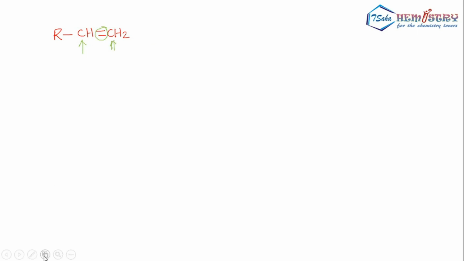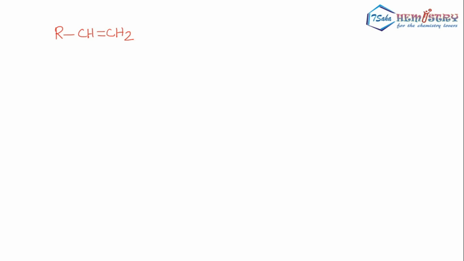Now you can write this structure in this manner also: first you write R, then C, with hydrogen also present over here, and then this bond, C and C. To explain this duplicated or triplicated rule, I am taking this particular example.